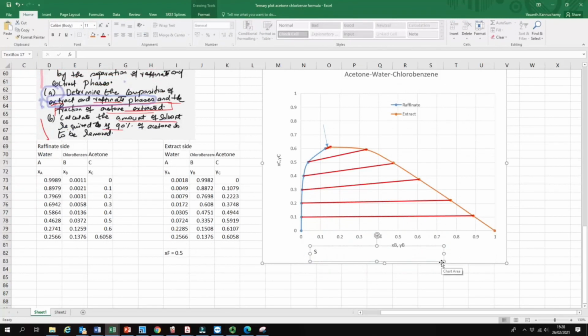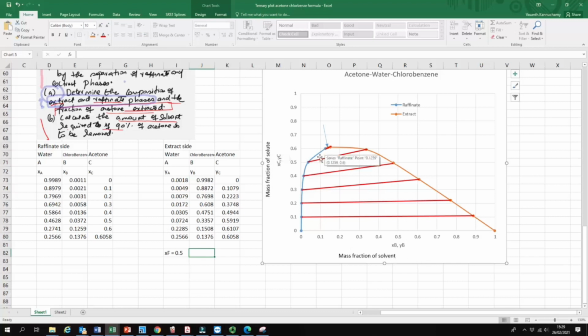The mass fraction of solvent is on the x-axis, and the mass fraction of solute is on the y-axis.